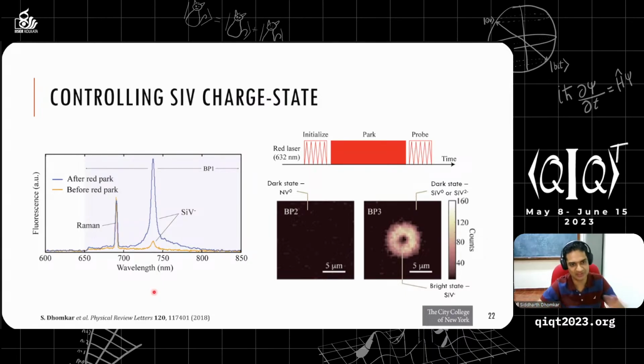What is happening here is very intriguing. You are generating certain charges, and you form a donut because the charges are moving in all possible directions, and eventually they get trapped. After trapping, the charge state of the defect changes, and the new defect that is formed is optically active, so you see the light coming from it.